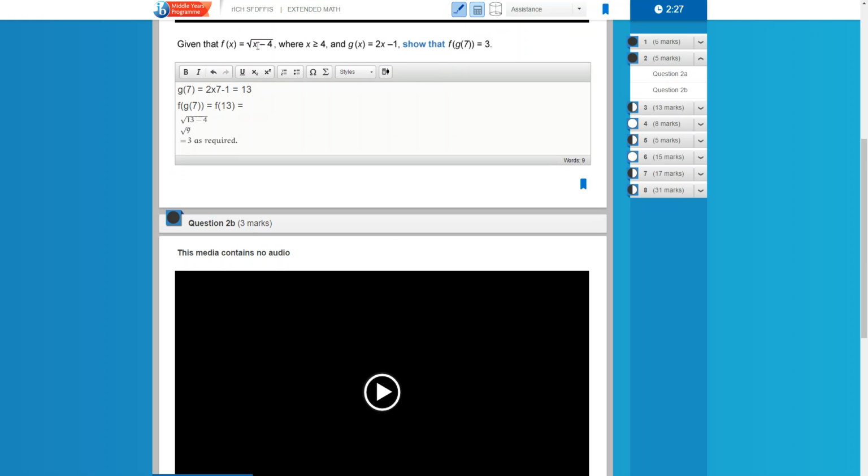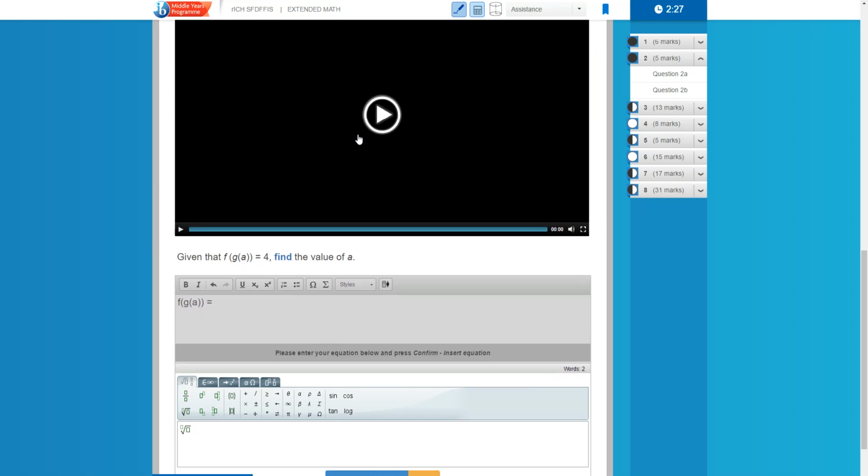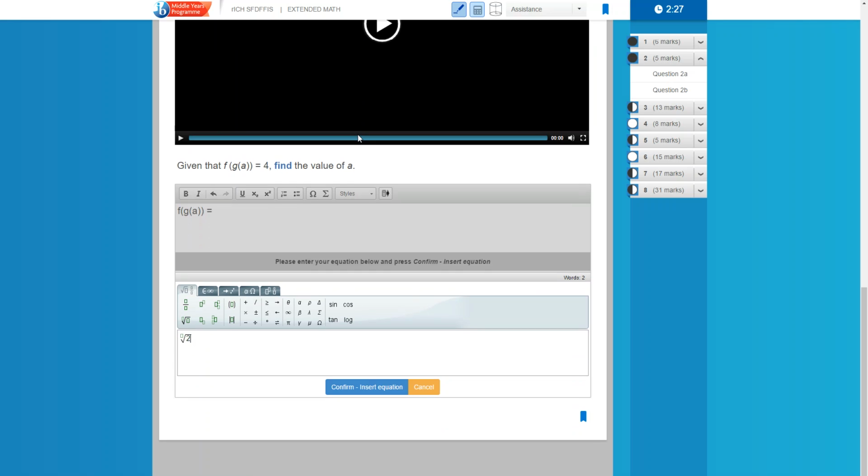Because it's f of g of a. So it's the square root of 2x minus 1, or it's going to be not 2x, but 2a minus 1, and then also subtract 4. Is everybody okay with that? Yes. This part here is essentially my x part.